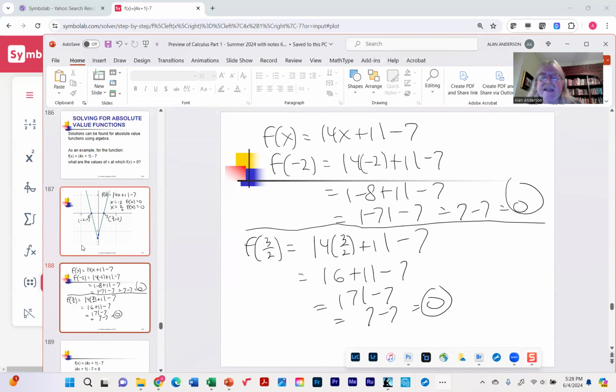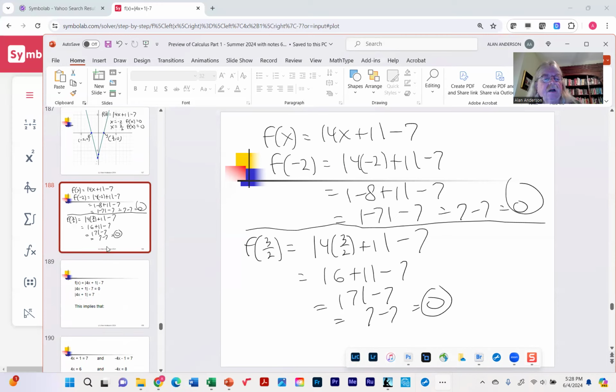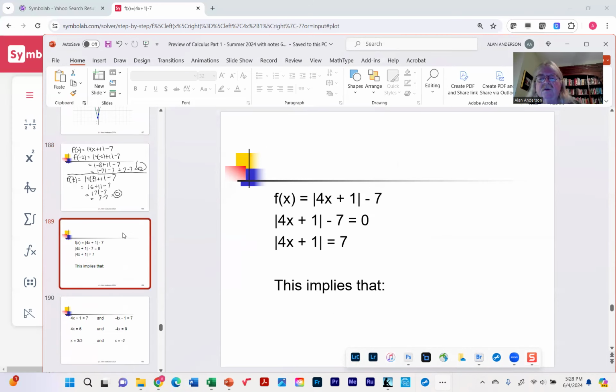The question is, how did we get them? All right, well, here's how this is going to work. Now, this is not the only way to do this. We set this equal to 0 because that's what we're looking for. You notice how the function has been set equal to 0 because we're looking for the two points where the function crosses the horizontal axis, and this is what we're left with.